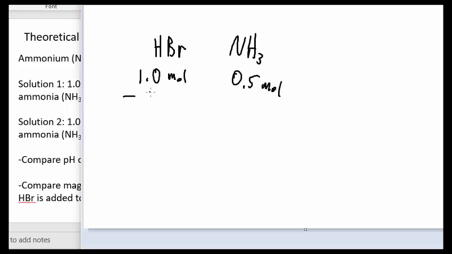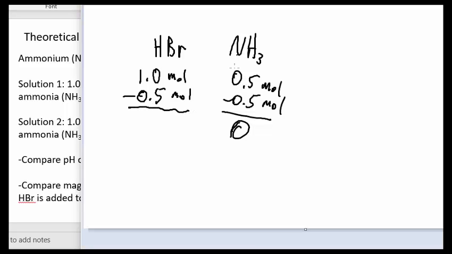So we do react half a mole of the HBr with that half a mole of ammonia, but we're out of ammonia then. Everything present is now ammonium, the conjugate acid. And even after we run out of ammonia, we still have half a mole of hydrobromic acid left.